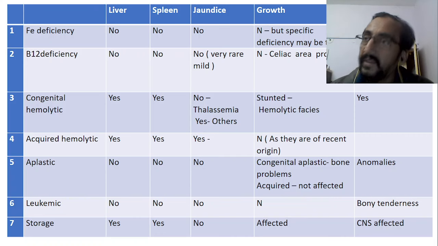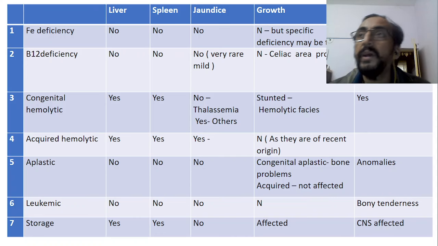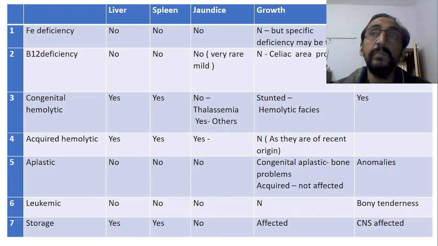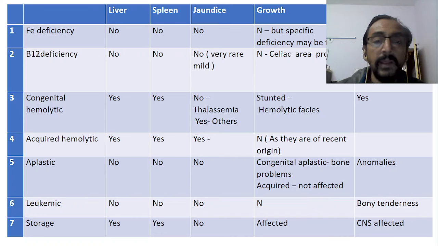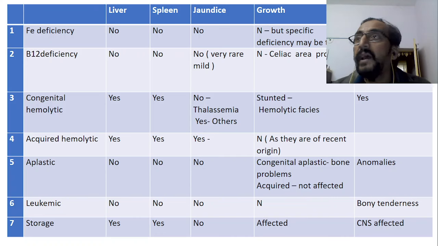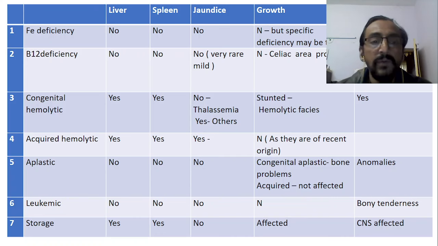Let's come to aplastic anemia, the bone marrow anemias. In the story, we have seen there are bone marrow infiltration, bone marrow depression, bone marrow storage disorders, and also bone marrow aplasia. In bone marrow aplasia, as I told earlier, there is no involvement of the liver, no involvement of the spleen, and there is no jaundice also, because RBC itself is not formed.